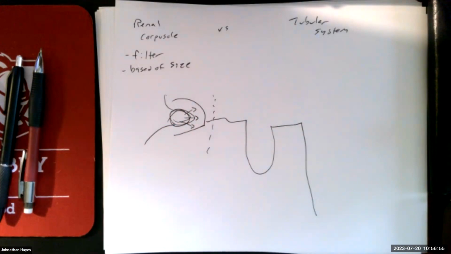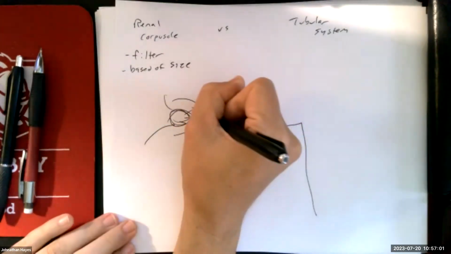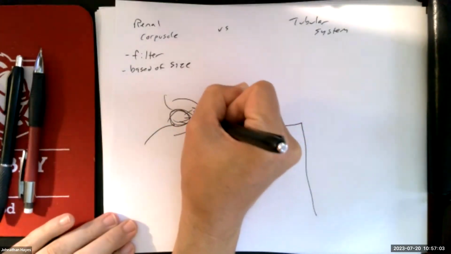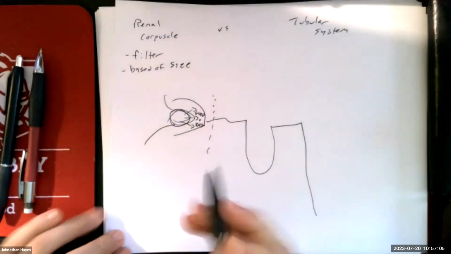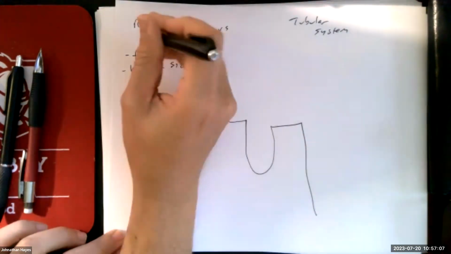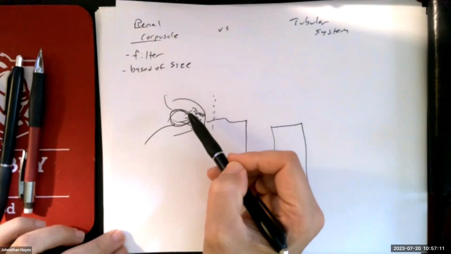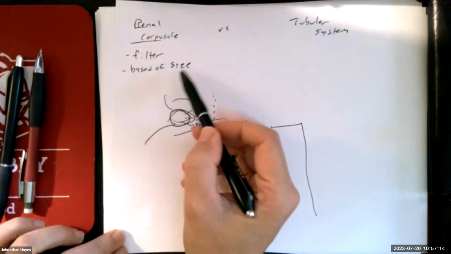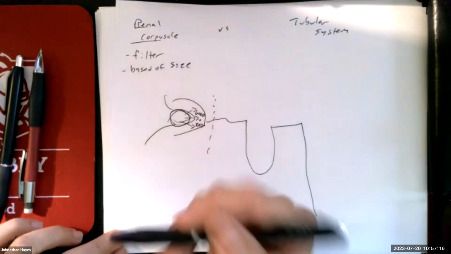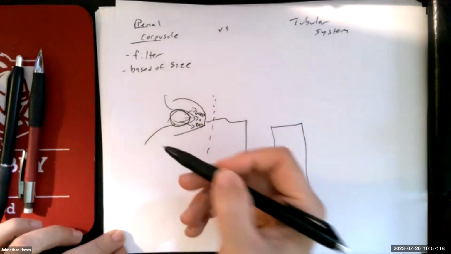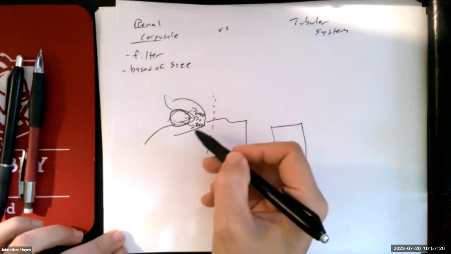But even though those might be very generic terms, we can basically say at this point we're going to filter out both good and bad substances. We're not being discriminative right now. The renal corpuscle doesn't have that power. It's using passive transport mechanisms. It's just filtering based off size. So what's being filtered out could be considered useful, a nutrient, or could be considered bad, like a metabolite or waste.